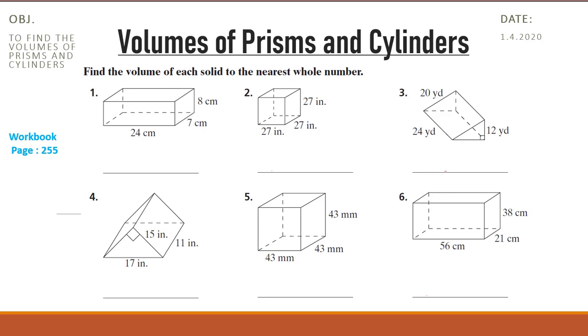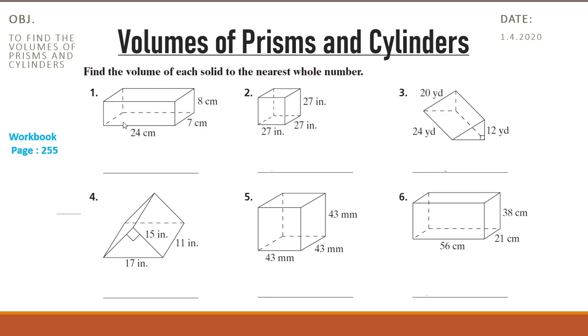The first one, number 1. Okay, let's see the answer. Muhammad, Muammal, Abdullah. Excellent, Mujtaba, Batil, Muaz.